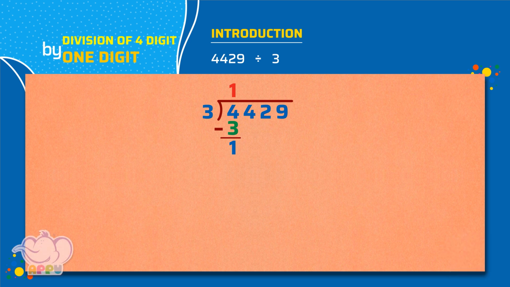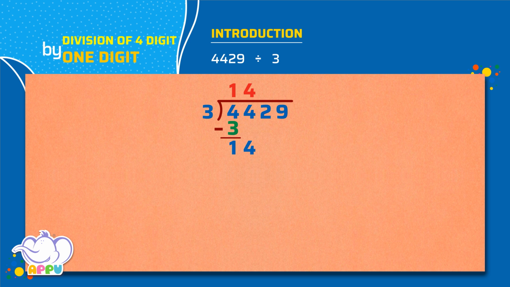Step 4. Next, we bring down the number in hundreds place, which is 4. So the number now becomes 14. We figure out how many 3's does it take to make 14, or almost 14, which is 4.